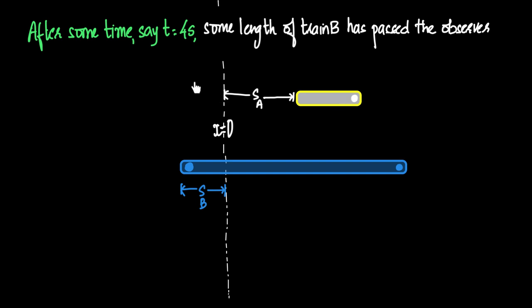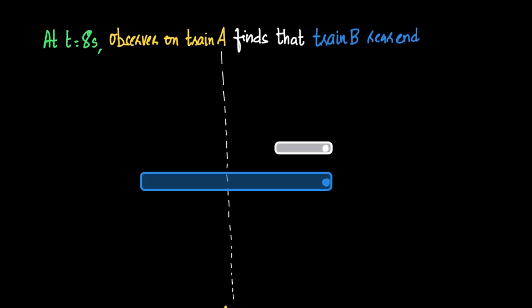Train A, which earlier was here, has now moved some distance, and we'll call that distance SA and the corresponding one here SB. At t equal to 8 seconds, according to the given question, the observer on train A finds the rear end of train B. So the observer was standing here, now he sees the rear end.